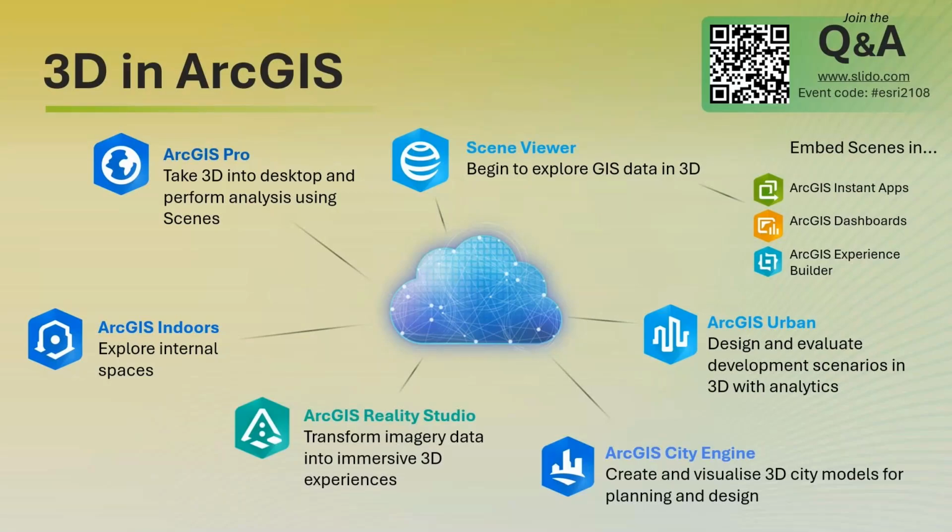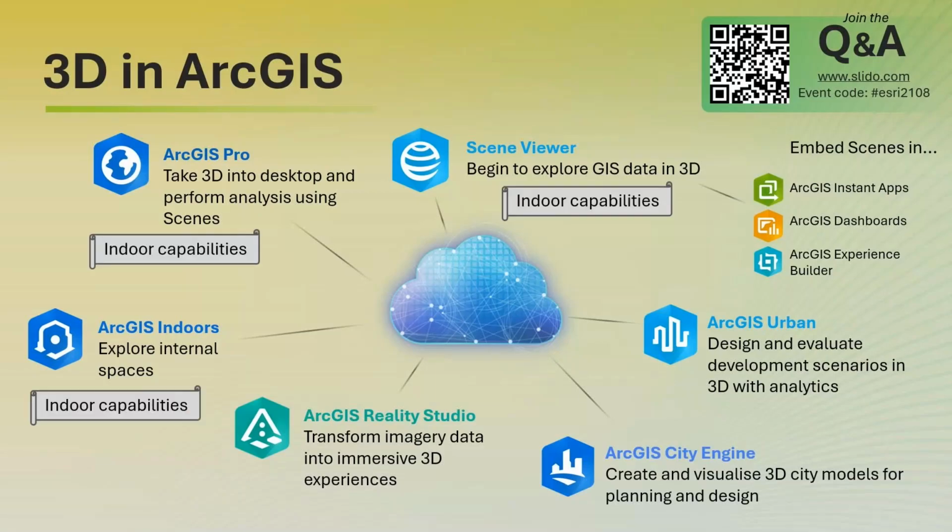And then we've got ArcGIS Indoors, which is an indoor mapping, wayfinding, and space management software which enables organizations to build an indoor GIS. And Indoors capabilities are not solely accessible through ArcGIS Indoors. So indoor mapping capabilities exist across ArcGIS.